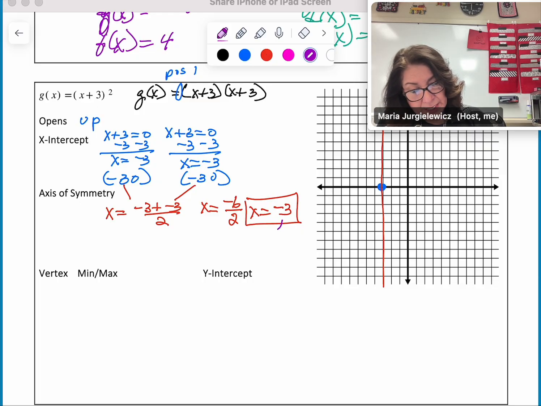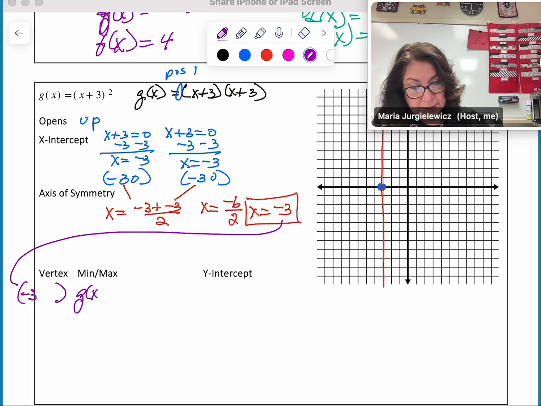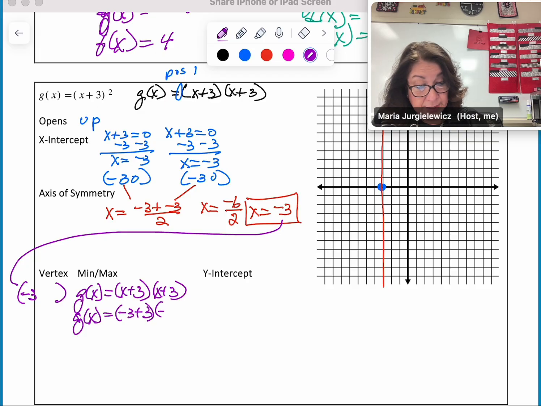Okay, so we're going to take that x value and we're going to put it into the equation to find my y value. So g of x is equal to (x plus 3)(x plus 3). g of x is equal to (-3 plus 3) times (-3 plus 3). g of x is equal to 0, and 0 times 0 is 0.